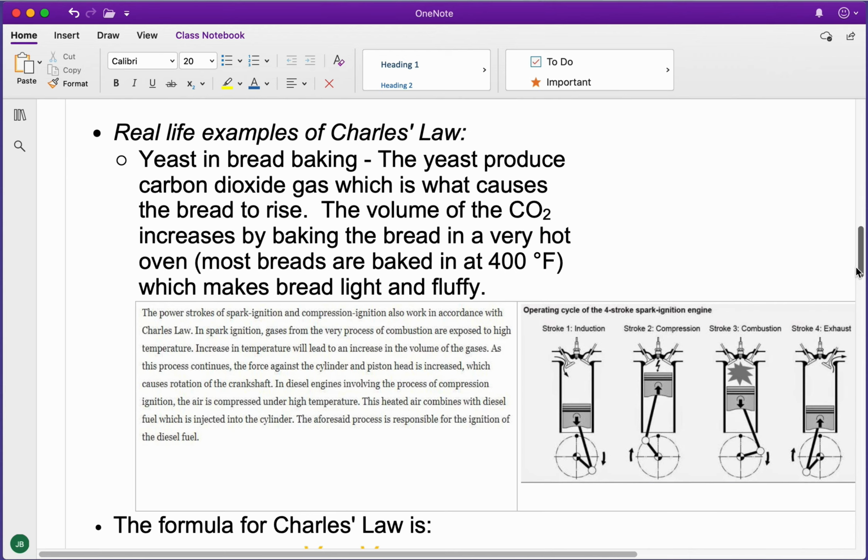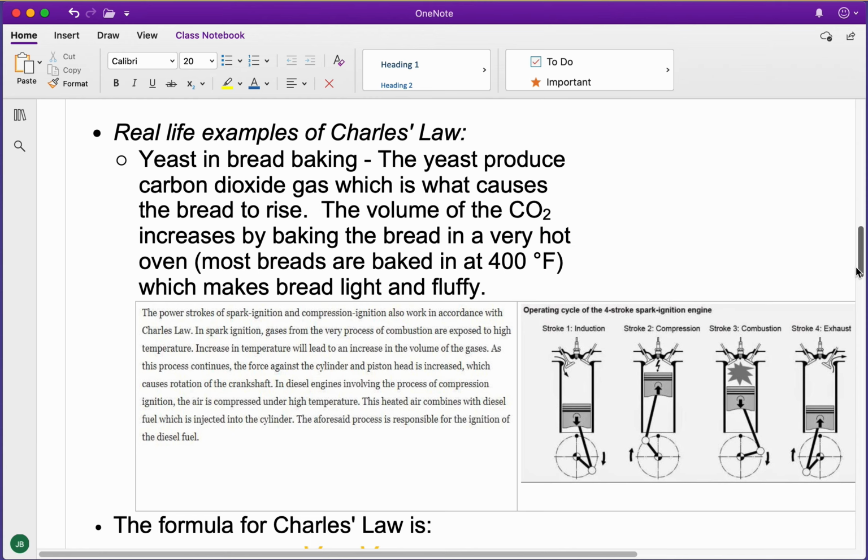You'll notice if you've been baking any bread during this quarantine that your oven is usually at a very hot temperature, 400, 425. And that hot temperature is what's going to help to increase the volume of that CO2 gas that's being put out by that yeast, which allows you to have that nice light fluffy bread or biscuits.